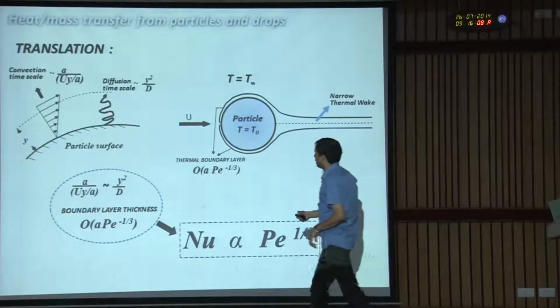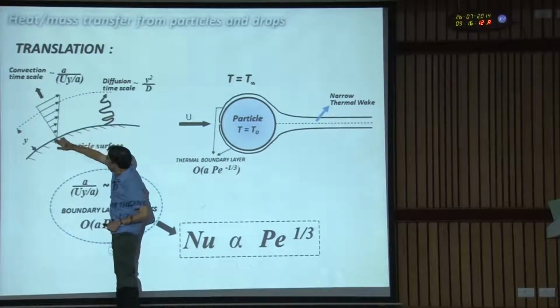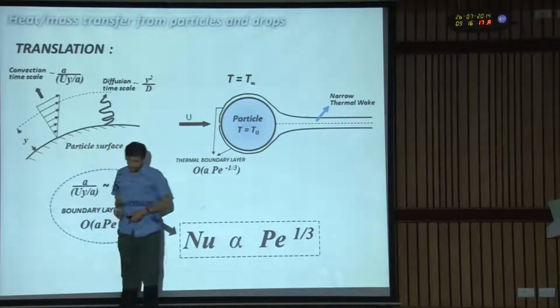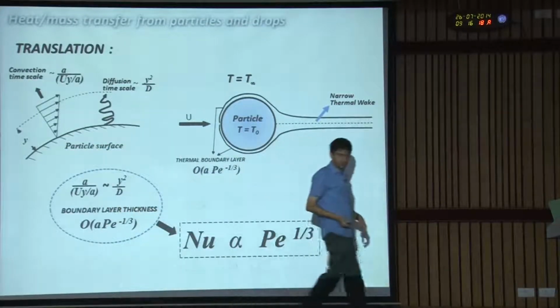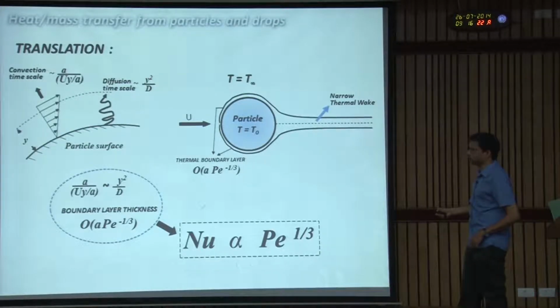So it takes longer the closer you are to the particle, because eventually it takes an infinite amount of time when you're close to satisfying the no slip boundary condition. But if we equate these two time scales, because it's never going to diffuse further than this, since by the time it goes there it's swept around, then just equating the two immediately tells you that the boundary layer thickness must be a Peclet to the minus 1/3.